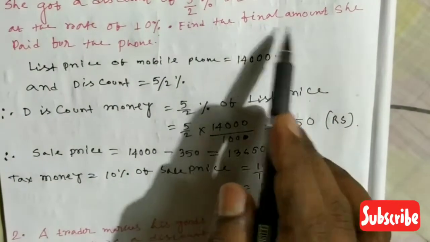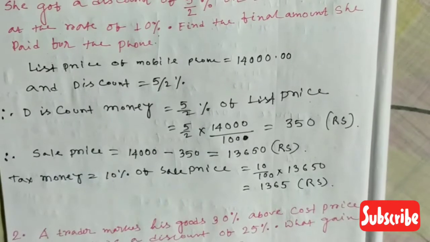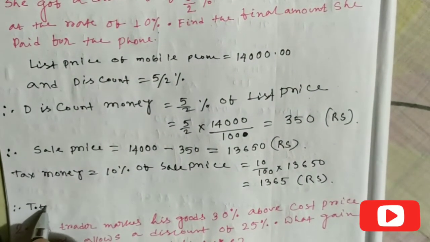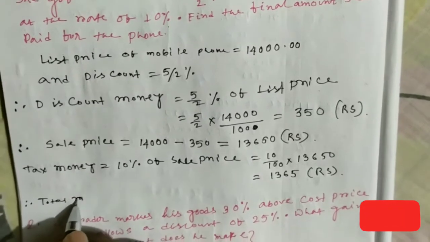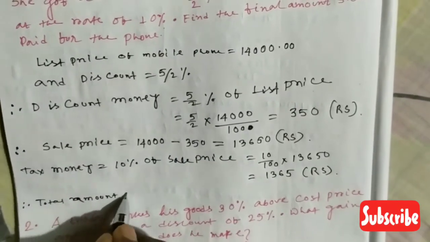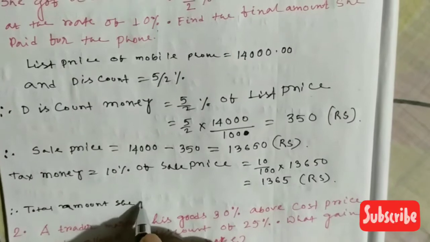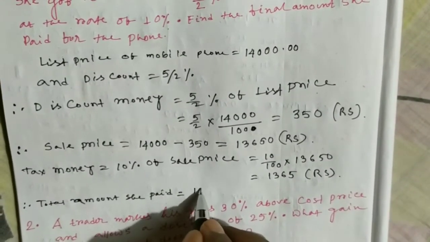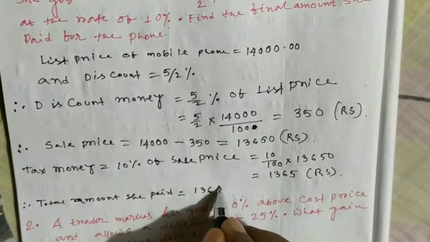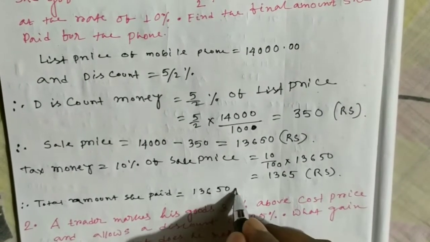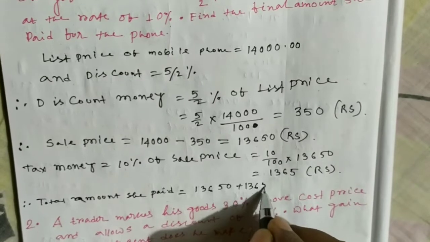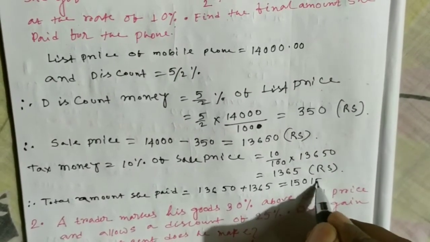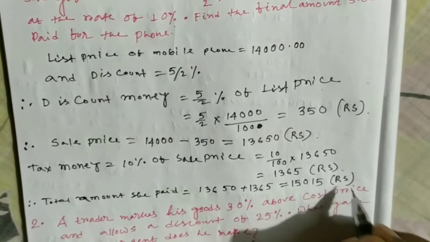So this is the answer, final amount she paid for the phone. Total amount she paid is equal to rupees 15,000.